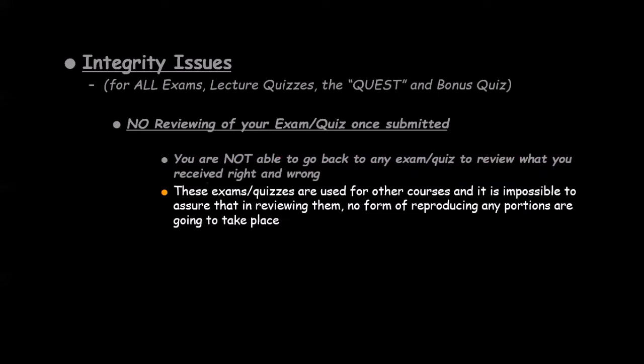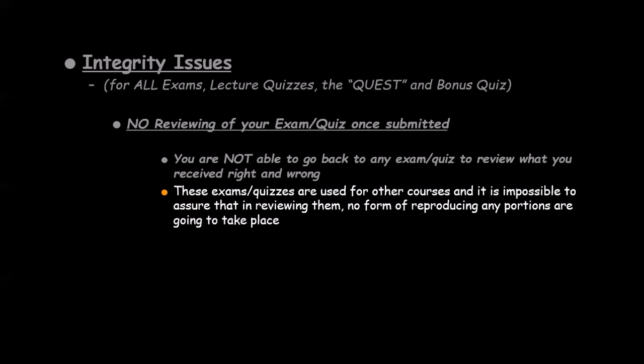So I need to make sure that does not happen. So this is what I will do, and it's explained on page 24, the special note on reviewing quizzes and exams. If you email me and you want to see what you got right and wrong, we can set up a Zoom session together, and I will show you what you got right and wrong on that exam.